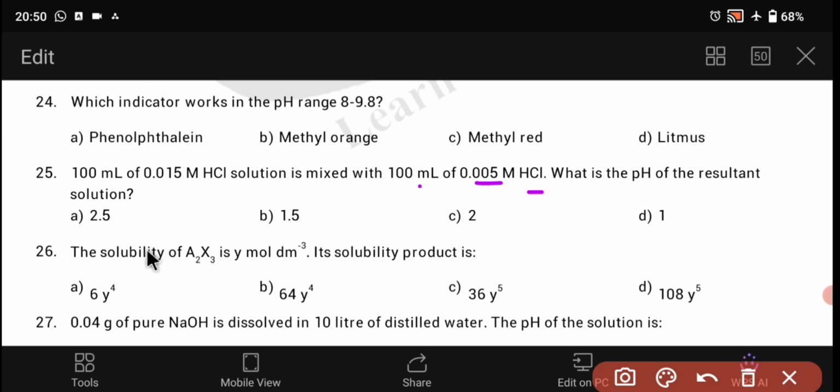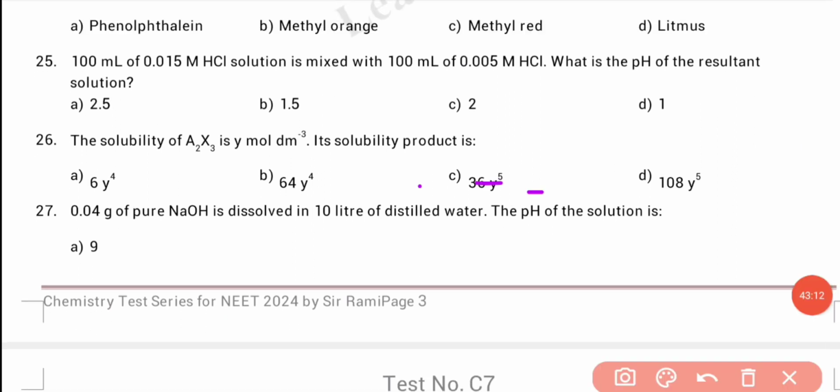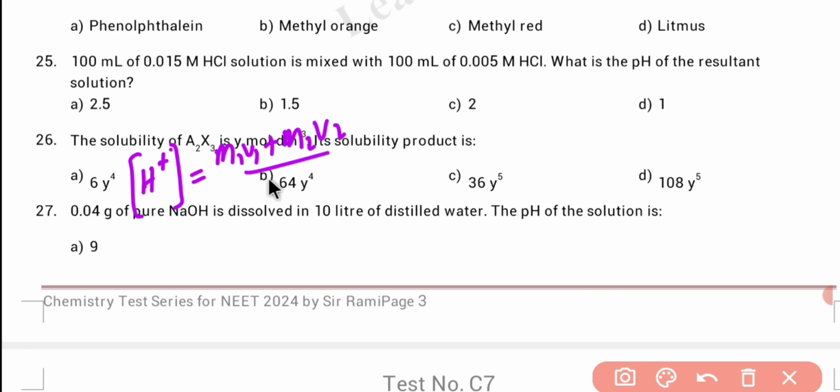For solving this question, we must know the expression for the concentration of H plus. Both are acids, so M1 V1 plus M2 V2 divided by V1 plus V2.